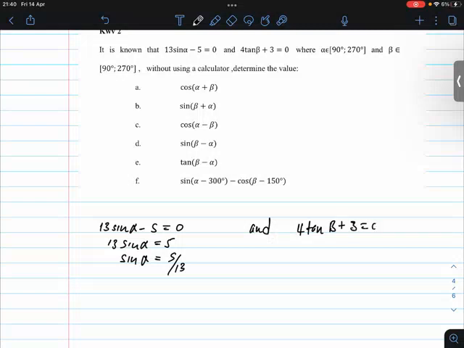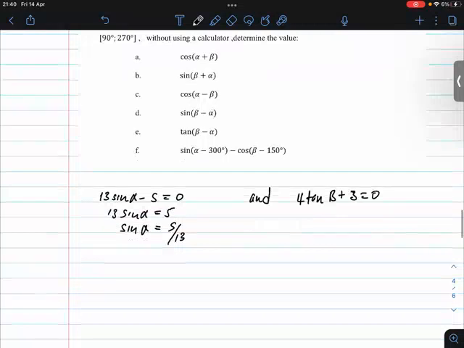And then you simplify this. You take the positive 3 to the other side, which will be negative 3. Then you divide by 4. Did I lose anyone there? Please tell me if I lost you.